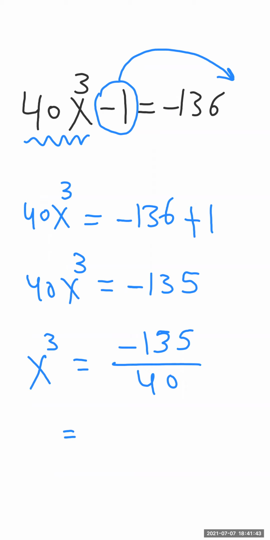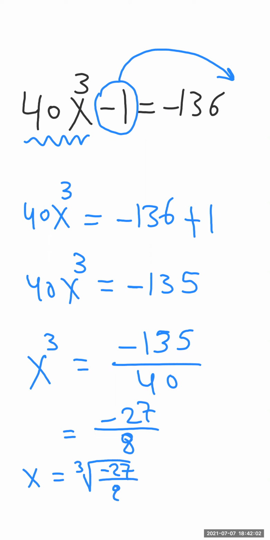Divide the two terms by 5, so it will equal -27 over 8. Now we can get the cubic root. So x will equal the cubic root of -27 over 8, which means -3 over 2. So x will equal -3 over 2.